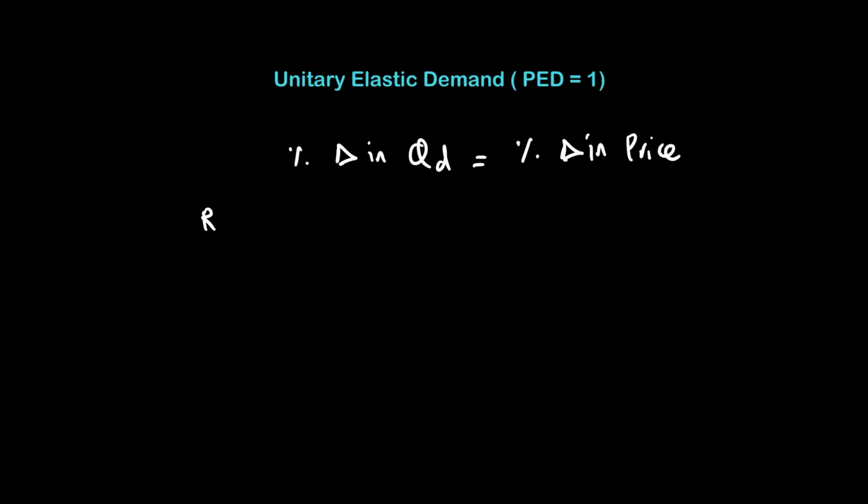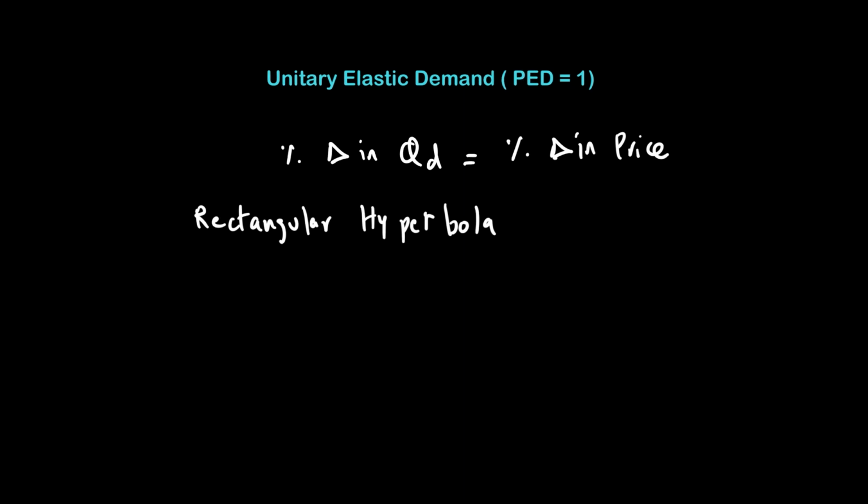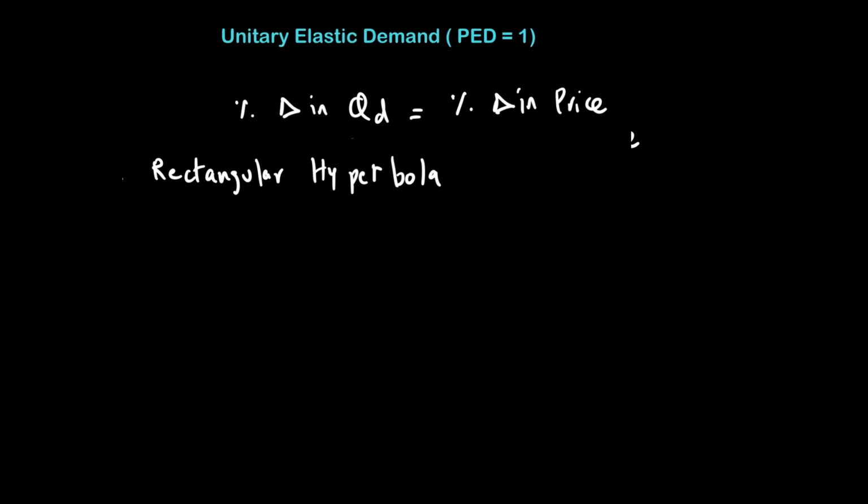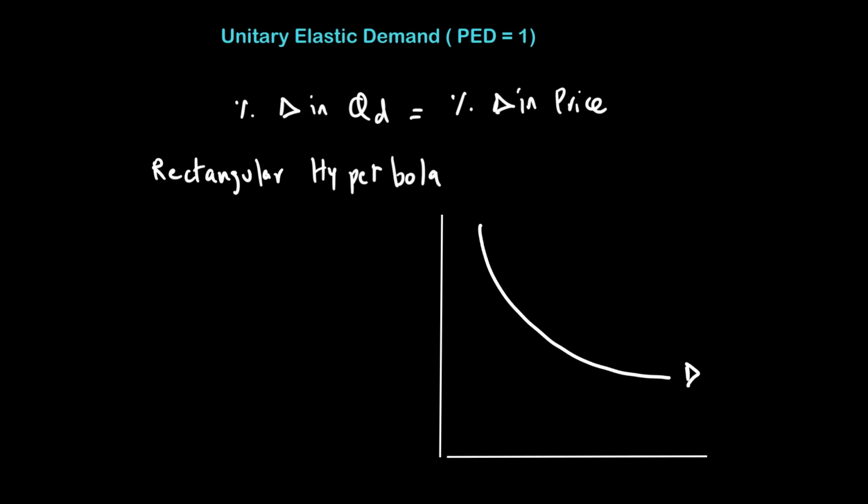In fact, the shape is called a rectangular hyperbola, which means that if we draw the diagram for this good, it has total revenue unchanged because percentage change in price and percentage change in quantity are equal.